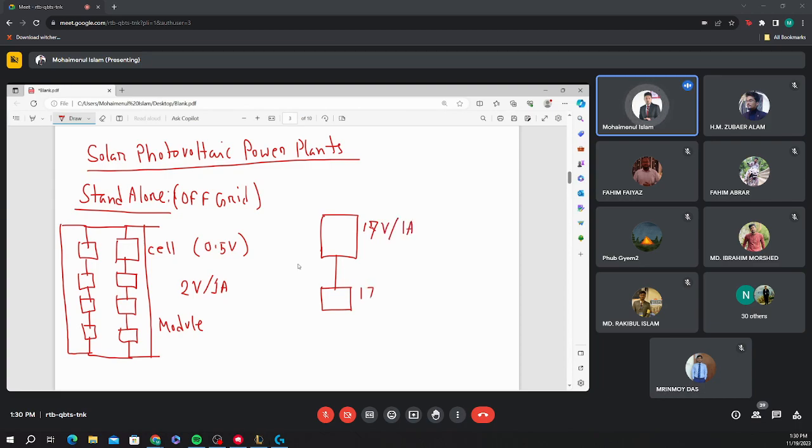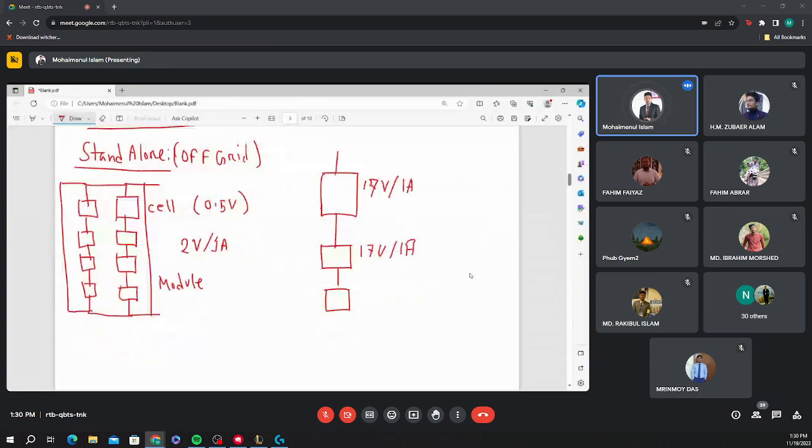This module also has 17 volt, 1 amp, connecting 3 modules of the same type here. So what would the voltage be then? The voltage would be 51 volt, right? And you are getting 1 amp from this connection.